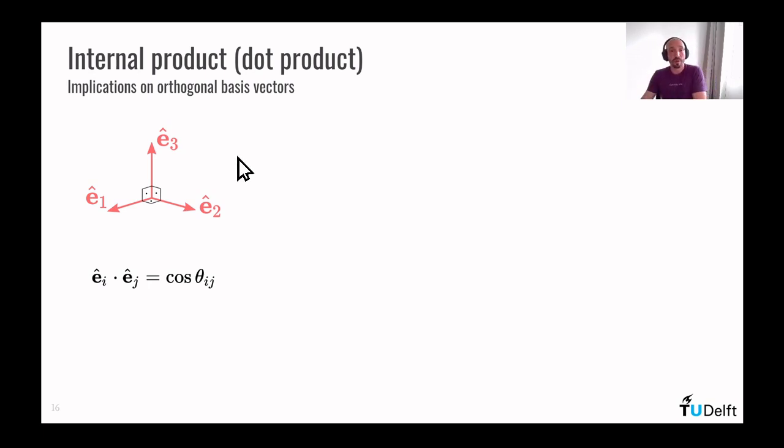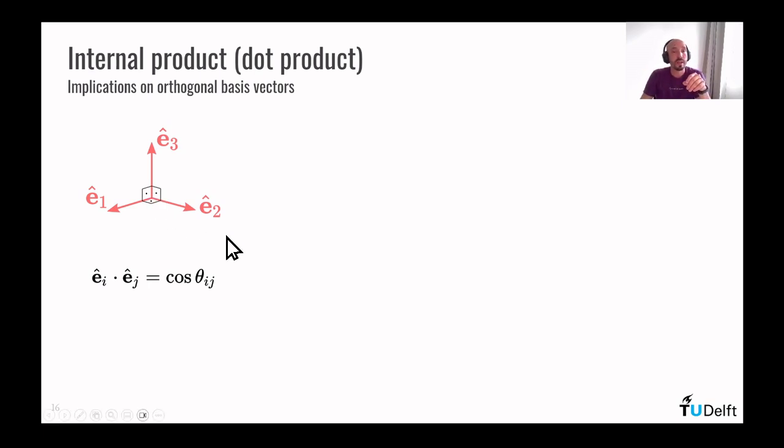Another important characteristic of those basis vectors is that they are all orthogonal to each other. So the angle between these vectors is 90 degrees. And the other very important characteristic is that the modulus of these vectors, the size of each of these vectors, is unitary. So the modulus of all these vectors is equal to 1.